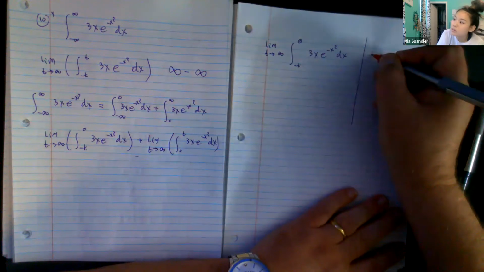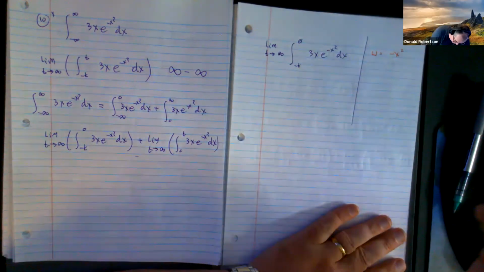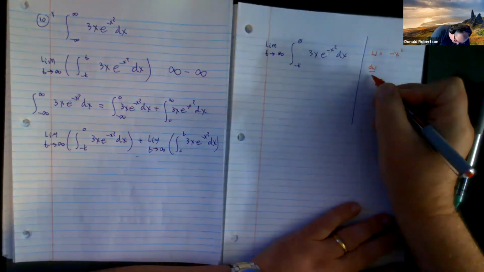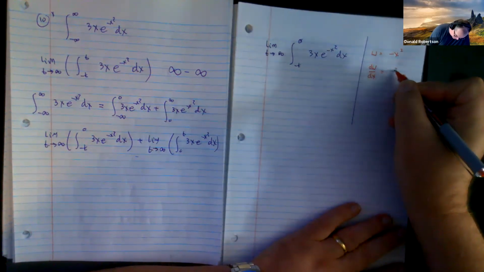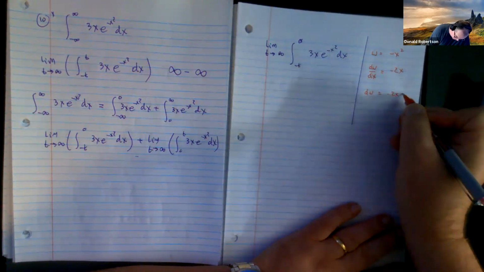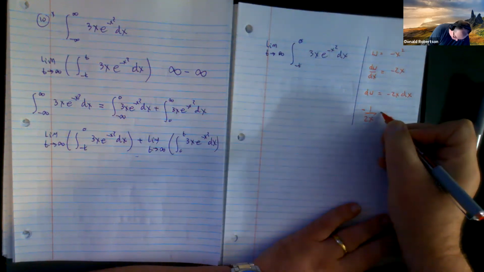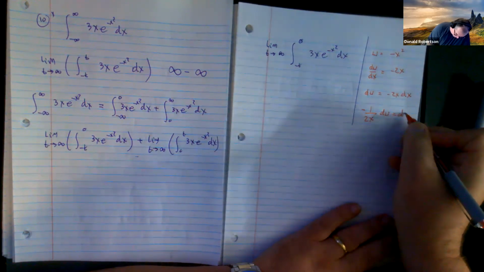Negative x squared. Okay, so we're going to do a negative x squared. Works for me. So if you differentiate with respect to x, you get that. If you do the crossover, you get that. And if you divide by negative 2x to isolate the dx, we are finished.